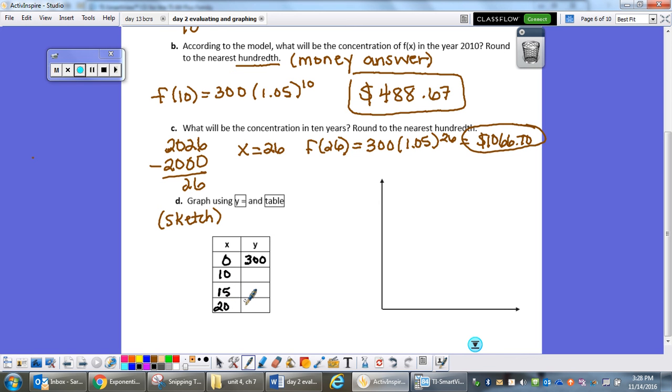Your graph is already labeled for you, but I'll go in and explain. This is just your title. It's representing the money invested, or we could even say money earned, so how much she gets for her investment. Your y's are going to be in money, and your x's are going to be in years after 2000.